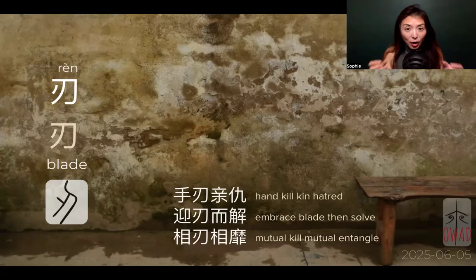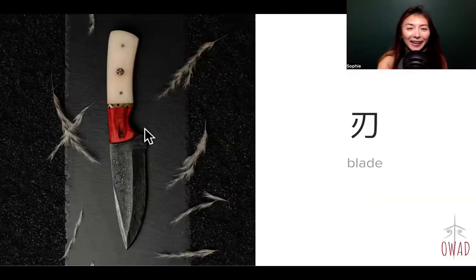You're kind of coexisting, cohabiting, going through life together, but somehow you're slowly killing each other. Still applies today, right?